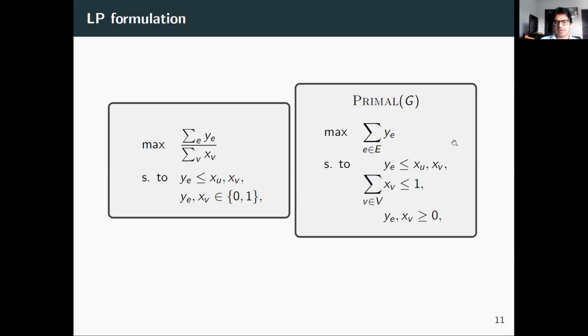And now we have a linear program formulation for this, and it turns out that this exactly formulates the densest subgraph problem. This was proved by Charikar in his paper, where he also gives the greedy algorithm for the problem. So essentially, all we need is to find a solution for this primal problem. But what we'll do today is we'll actually formulate the dual and try and solve that problem, right?